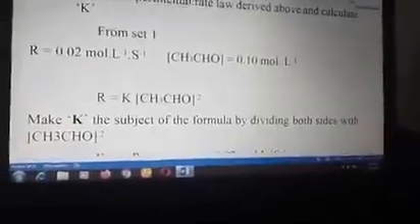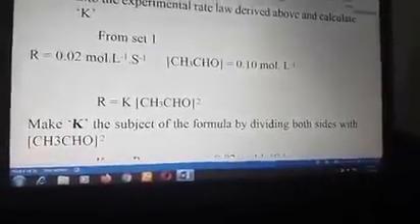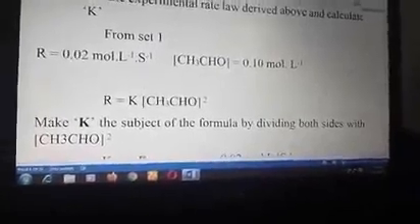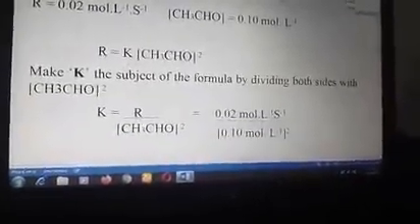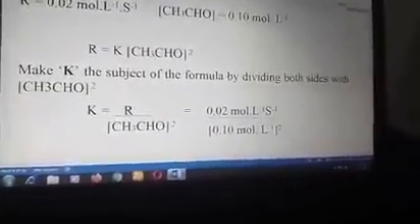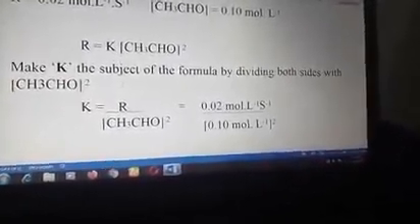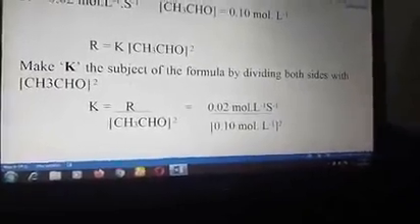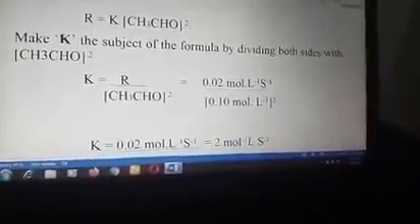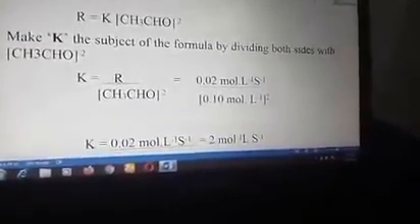But first, since we're looking for K, we make K the subject from R equals K times ethanol concentration squared. Divide both sides by the ethanol concentration squared, so K equals R all over the concentration of ethanol squared.